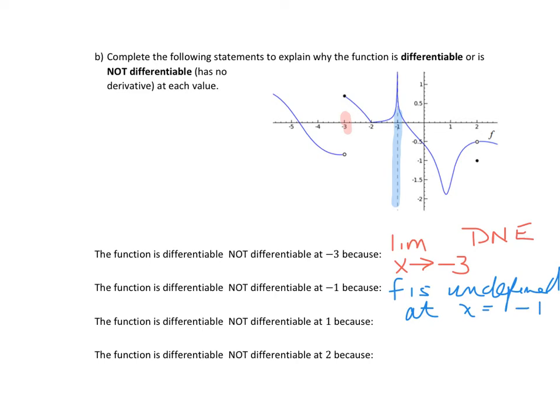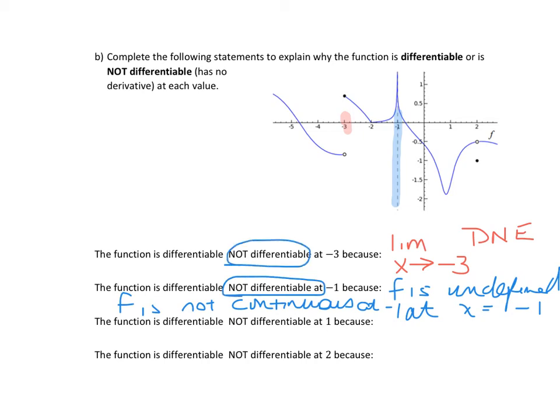You can also say f is not continuous at negative 1. Either one works, because either one makes the function not differentiable. It was not differentiable at negative 3 because the limit didn't exist at negative 3. It's not differentiable at negative 1 because the function is not continuous at negative 1, or we can say that it's undefined at negative 1.